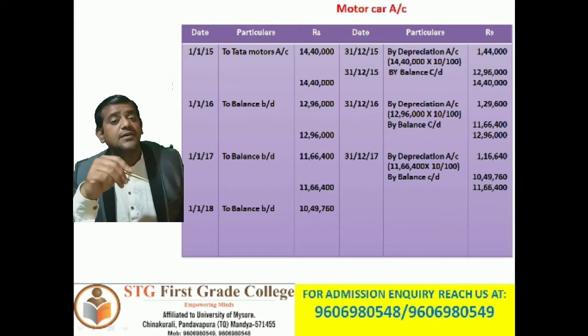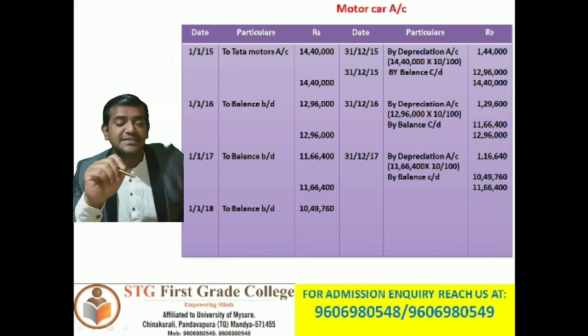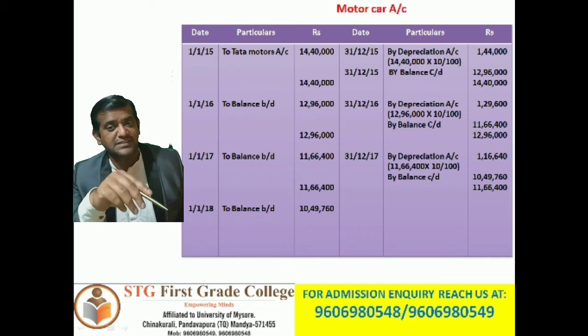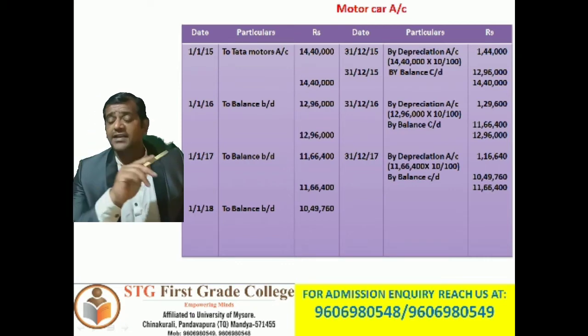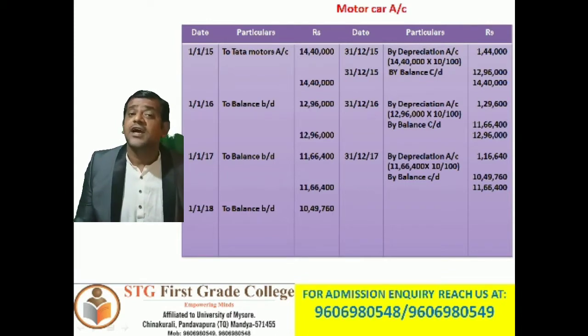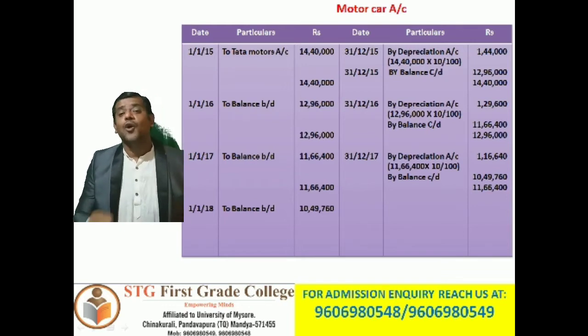So next year, 1/1/2016, to balance brought down 12,96,000 rupees. On the year end of 2016, that is on 31st/12/2016, by depreciation account, 10% again. So open the bracket, 12,96,000 into 10 divided by 100.